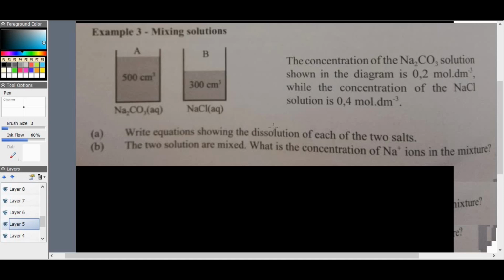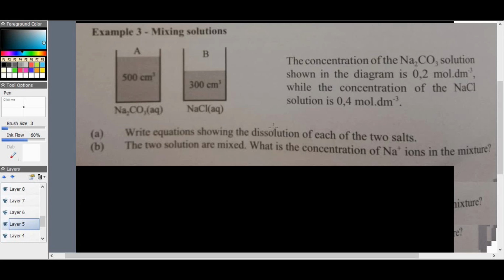We can see that the solution of sodium carbonate is 0,2 moles per decimeter cubed, that is the concentration. It is beaker A, and it's 500 cubic centimeters, while the sodium chloride, which is beaker B, has 300 cubic centimeters, with a solution concentration of 0,4 mole per decimeter cubed.